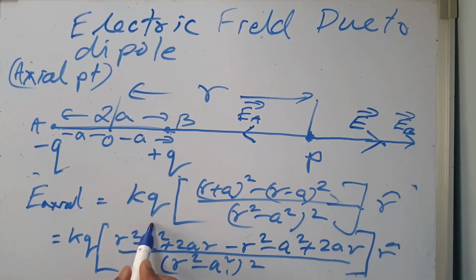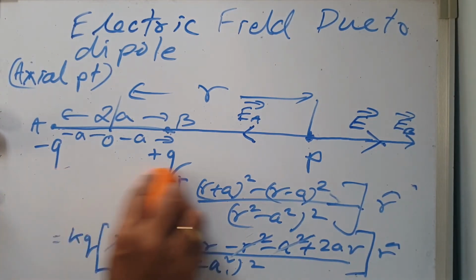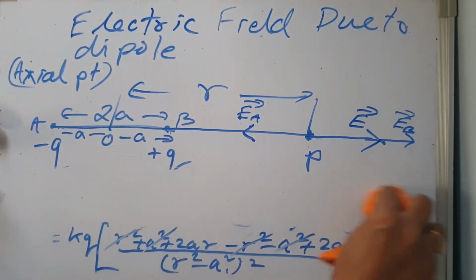What all things get cancelled here? r squared, a squared, a squared. What do I get? The numerator is 2ar plus 2ar, that is 4ar. That 4ar I am going to write as 2 into 2ar. There is a reason for that.